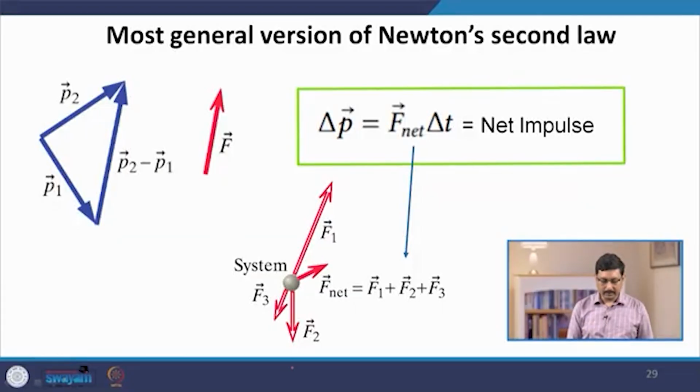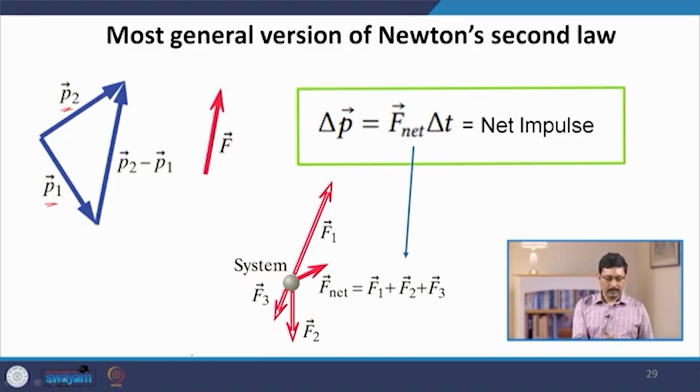Let me illustrate this third version graphically. Suppose P1 was the momentum of a particle at the beginning of the interval and P2 is the final momentum at the end of an interval delta t.